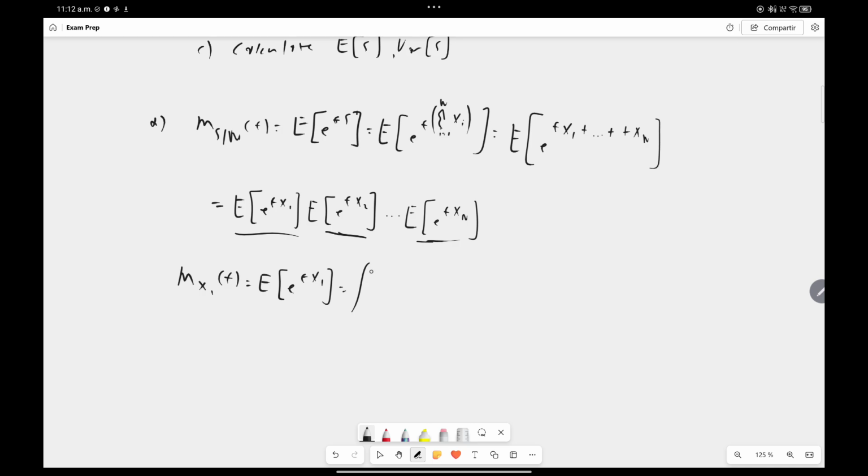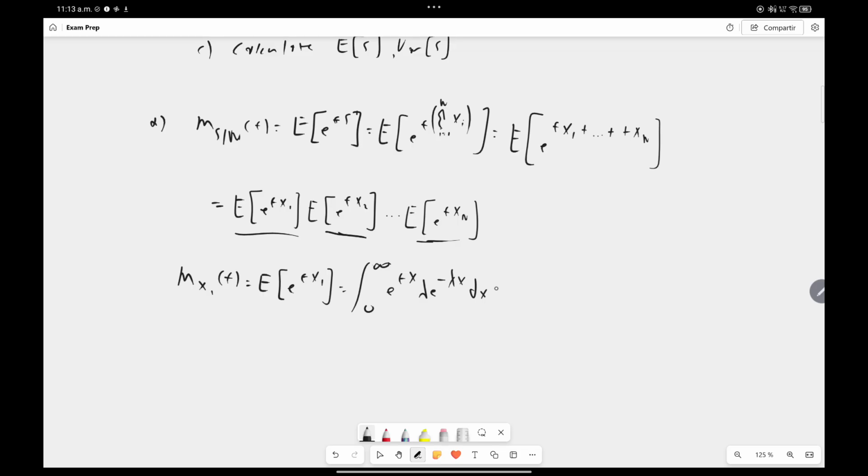So the expectation is going to be the integral from 0 to infinity of e to the power of tx times the PDF. Now, I'm not going to use tX1, I'm just going to use tx, a little bit of abuse of notation, but it is okay.